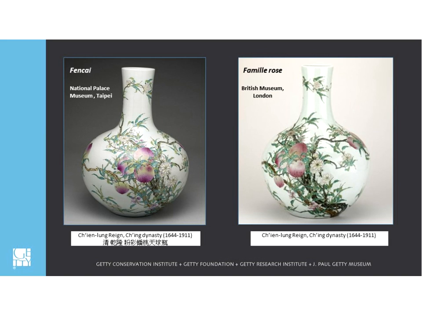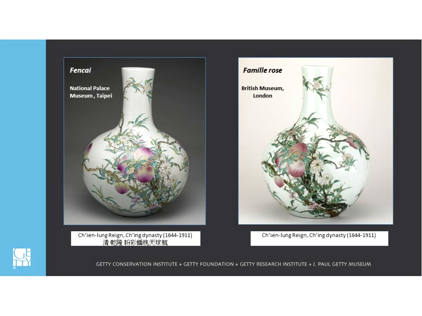This is an example I use a lot in my presentations to show why we should even bother. As you can see, these two vases are very similar. They're obviously done in the same style. The one in the National Palace Museum in Taipei is described as Fenzai, which is the transliterated English using Roman characters.